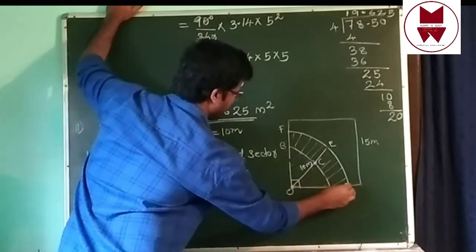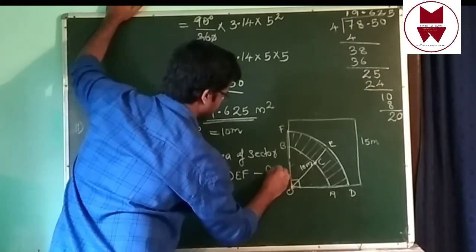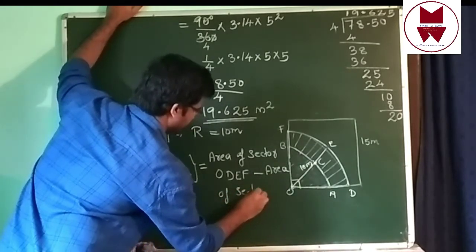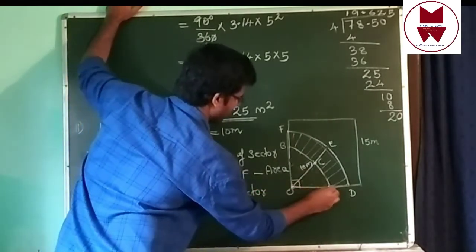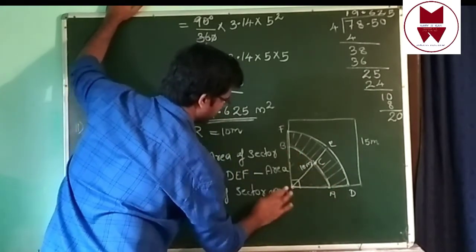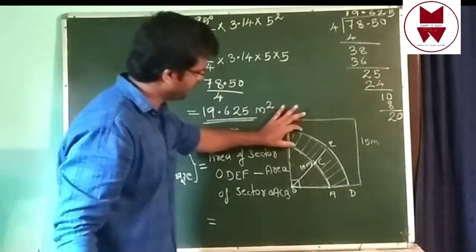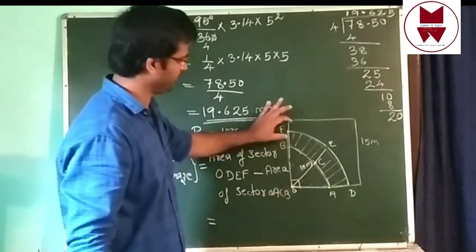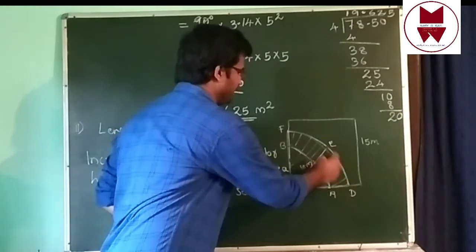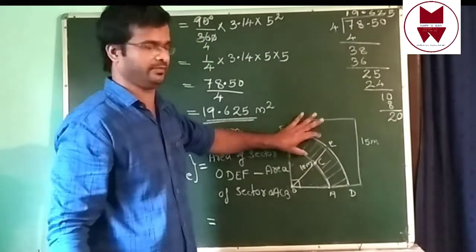This total area we will find out. Then minus the area of the small sector OACB, this part, because we need only the increasing area. This middle part only we needed. For that, first find the area of ODEF, then subtract OACB. Then you will get the area in between.